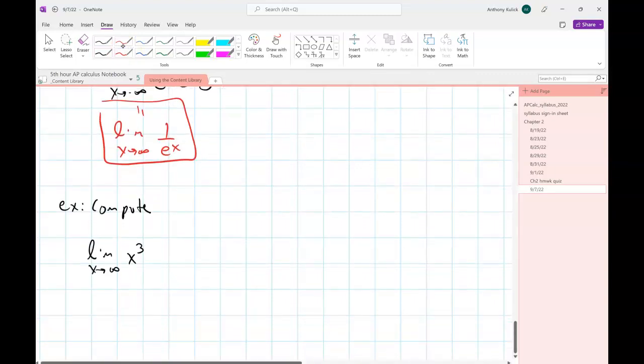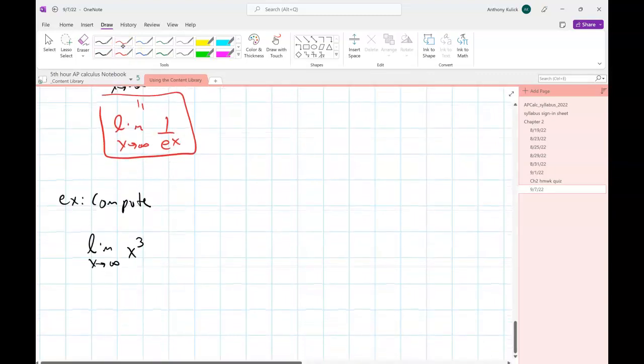Okay. Limit as x approaches infinity of x cubed. What should this be? Positive infinity, right?